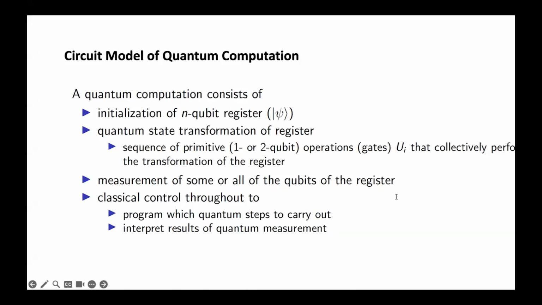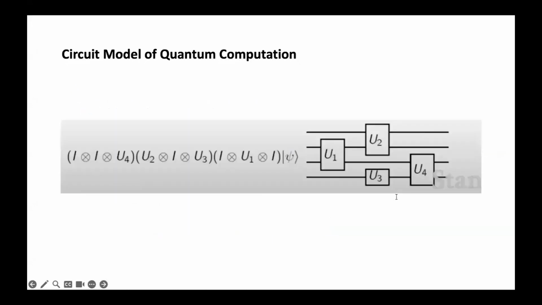So let me show you this example. Here, you can see usually we go from the left to the right. Our register we denote by psi, and you can see what is happening. We have a gate that applies in the center to qubits. Here is I, U1, I. Then we apply two gates, U2 and U3.